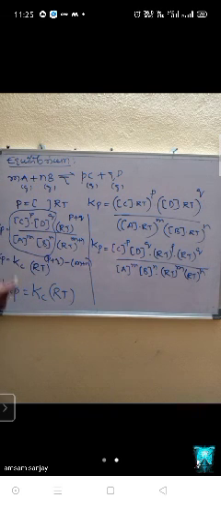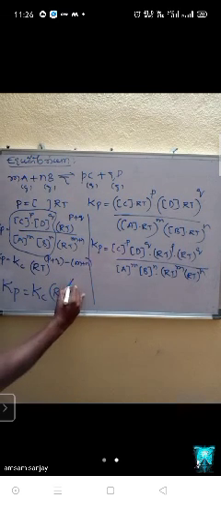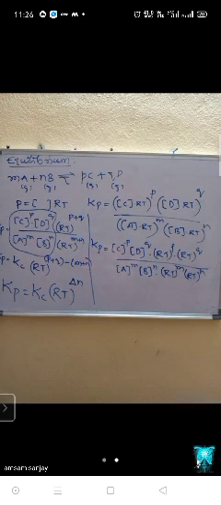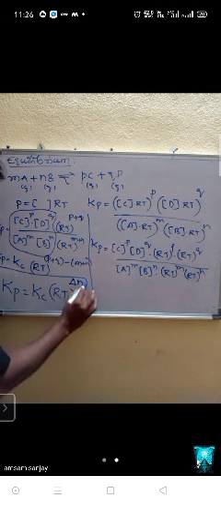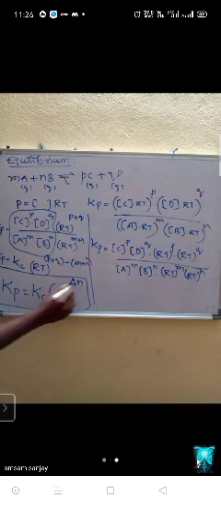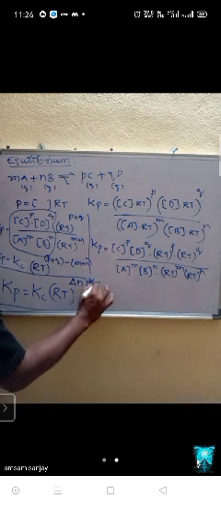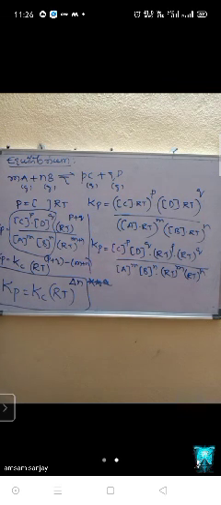That value is what? Very good, that is delta N. You got my point? It means in the Kp Kc relation, what we got, can you see that? Very good. It means Kp is equal to Kc RT whole power delta N.